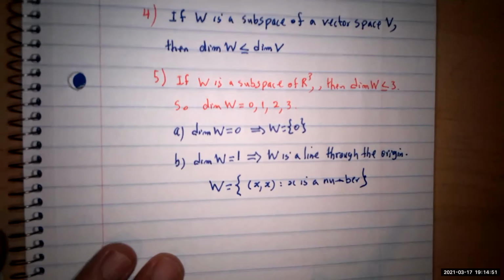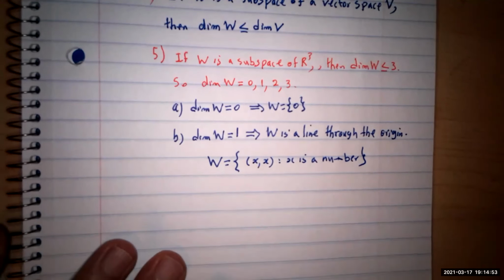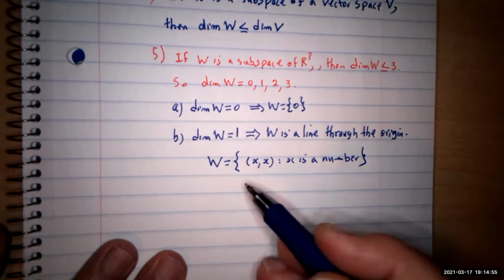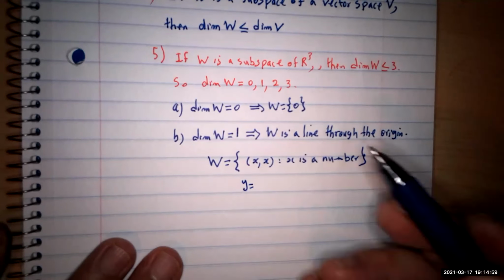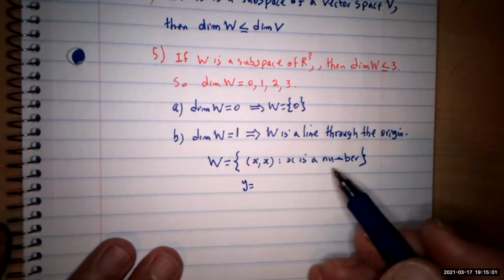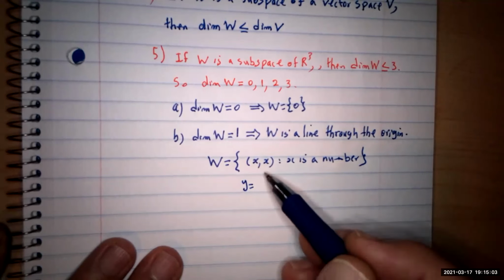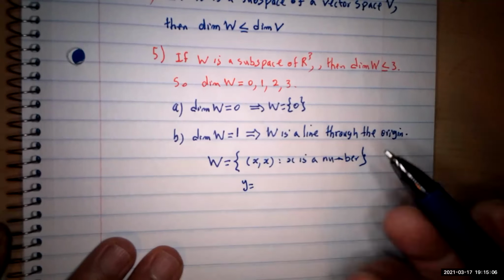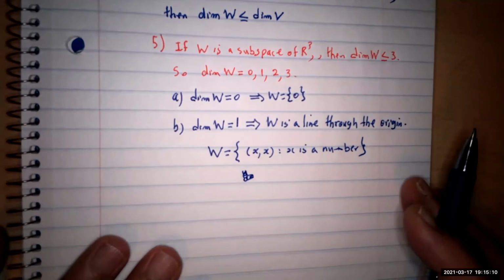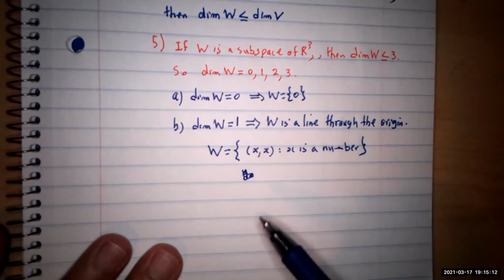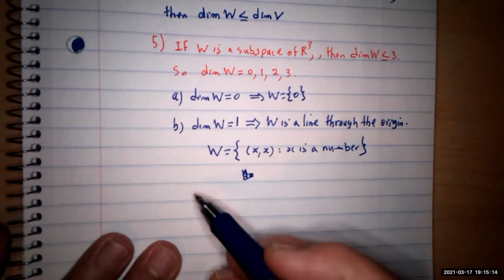Because the equation of the line through the origin is this one, for example. You get X, 2X, 3X, 4X, or X, 2X, 3X, 5X. It doesn't matter. So as you can see, the basis is going to be just one element. And then you can continue.